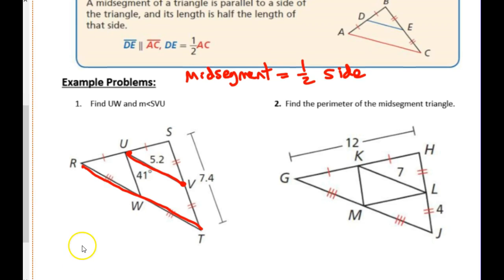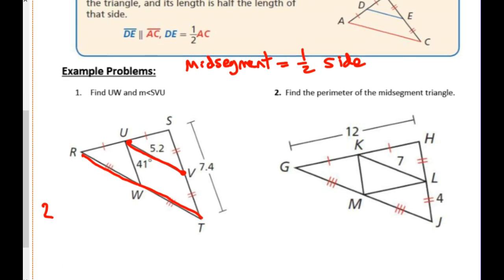So I'm going to show my work here. 2 times UV equals RT, which means 2 times 5.2, and that gives me 10.4. That's if you're given the midsegment, you can find the missing side.